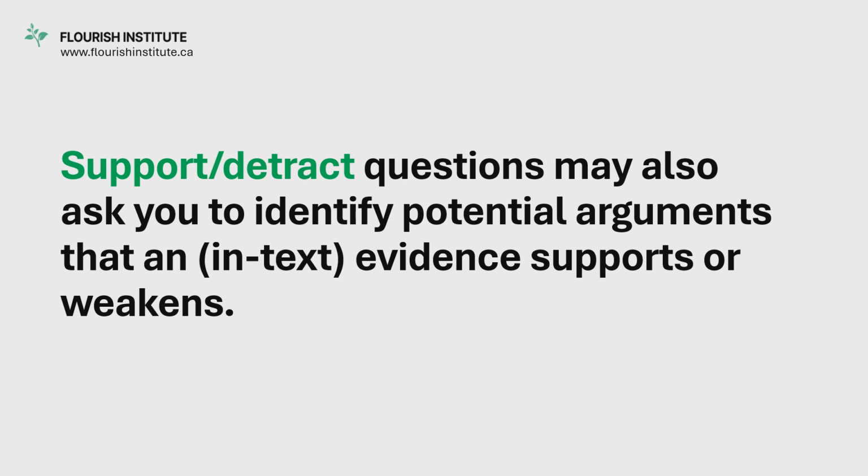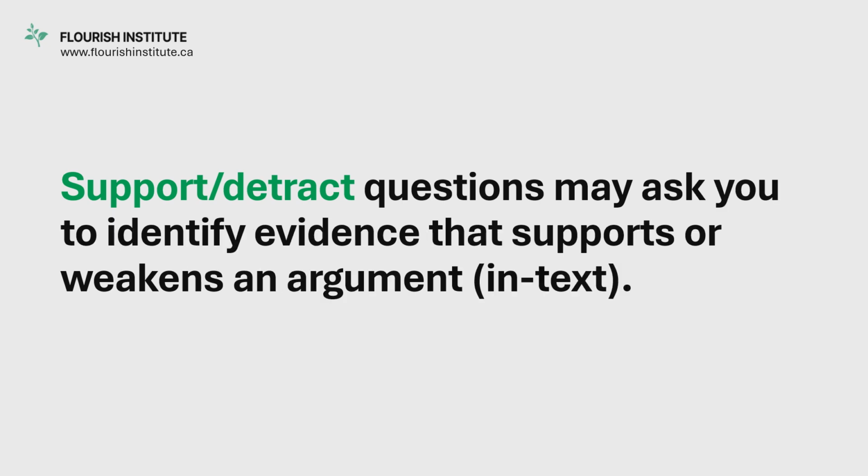So here in the first type, we said that you're going to identify potential arguments that in-text evidence supports or weakens. This is the vice versa of that. It asks you to identify evidence that supports or weakens a certain argument, right? I believe I sort of mixed it up there in between, but this is the type of question where they'll give you pieces of arguments in the passage, in paragraph 1 or 2, and then ask you to identify certain evidence also in the text that supports those arguments, right?